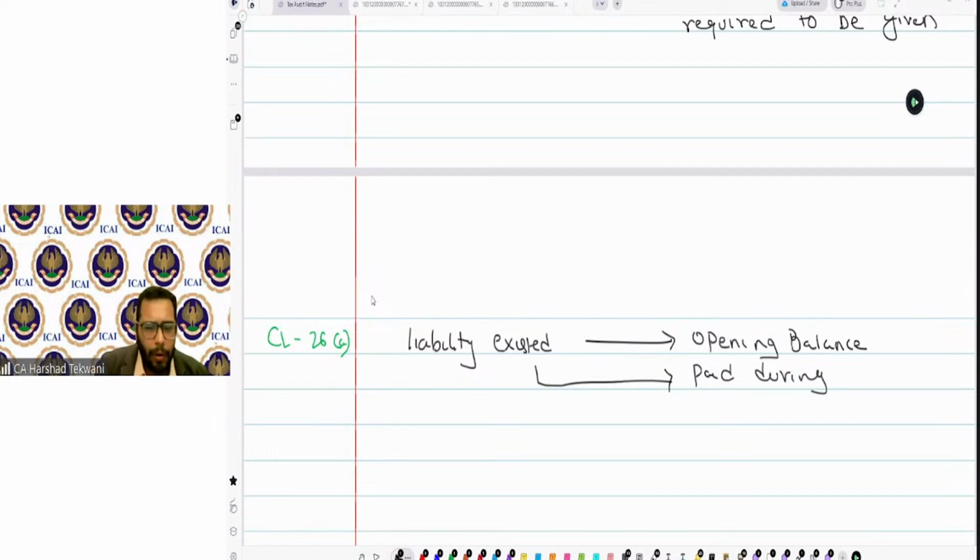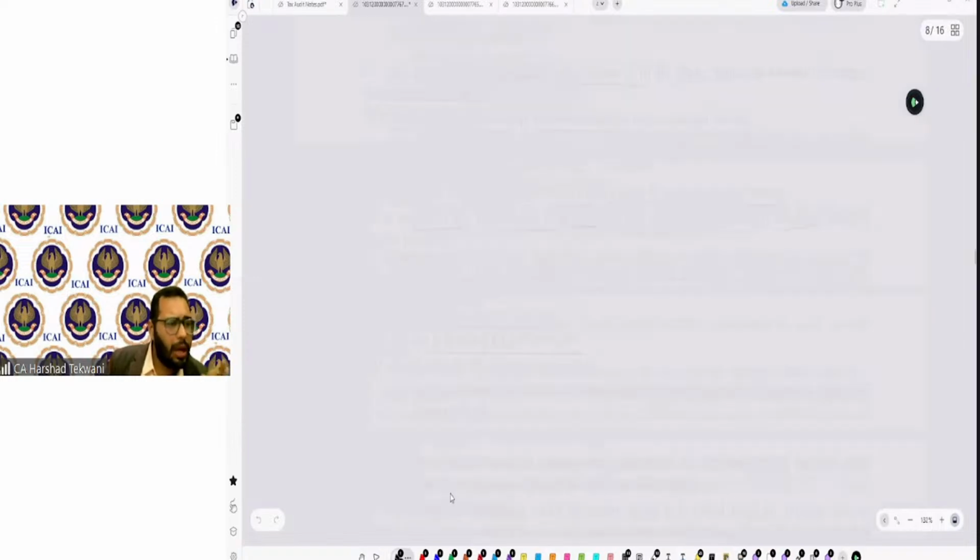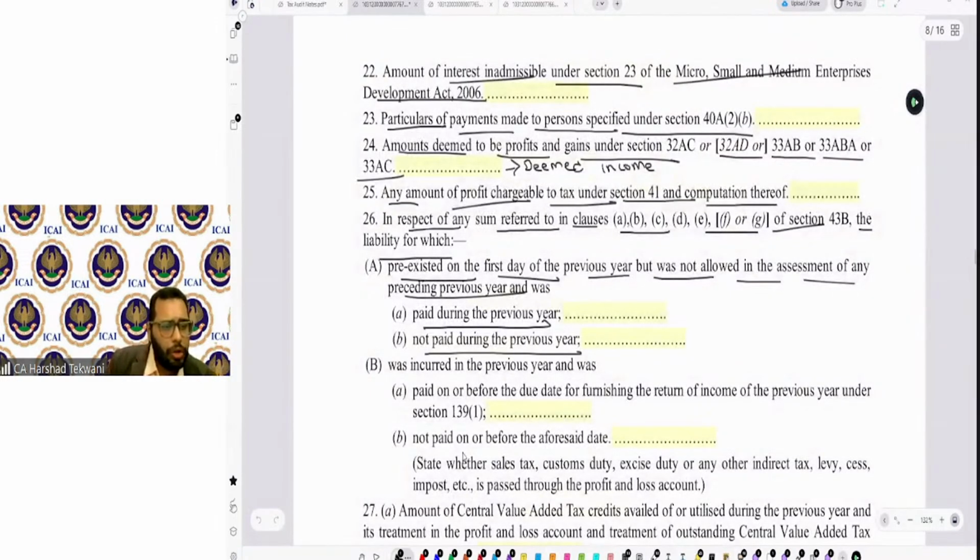If you minus out this particular portion, you will get not paid during the year, and that is required to be reported over here. That is paid during the year and not paid during the year. So this is nothing but opening balance minus paid during the year.